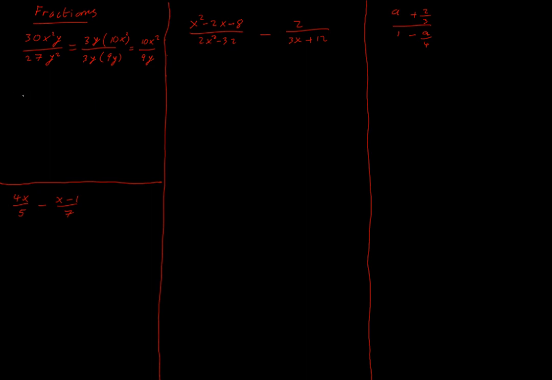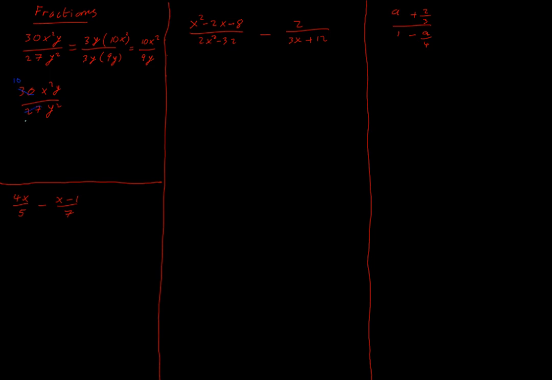However, for longer questions, it can be a nuisance to have to try and write out each bit of a fraction in this fashion. So another way of writing this that is perfectly acceptable is by drawing lines through our numbers. So if I take 30 and 27, the highest common factor is going to be 3, so I divide 30 by 3 and I'm left with 10.